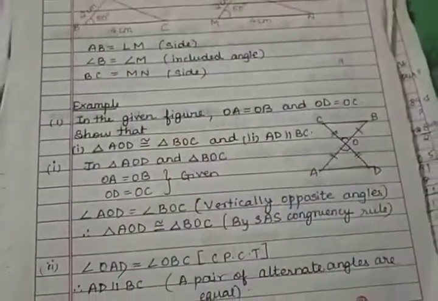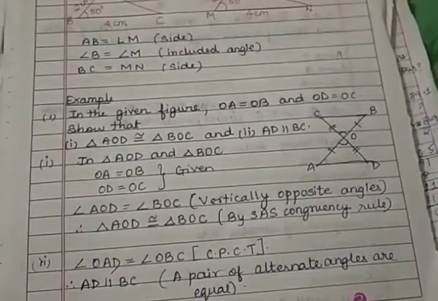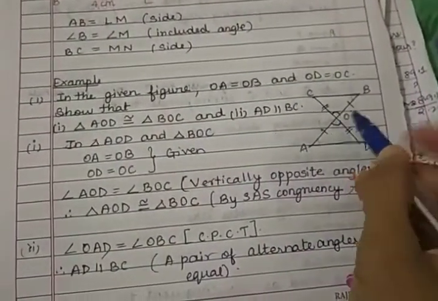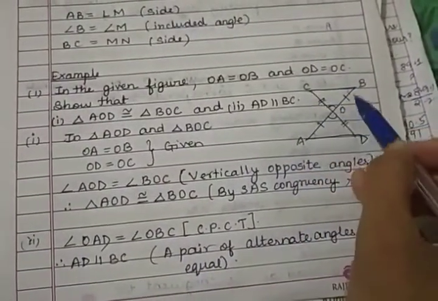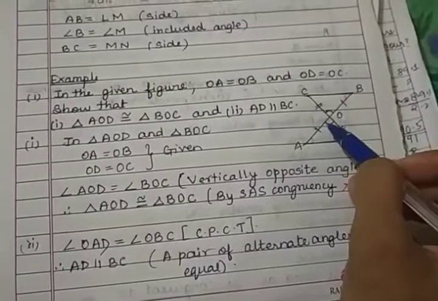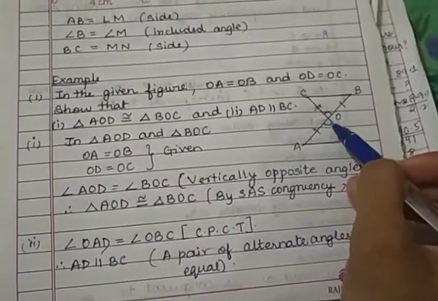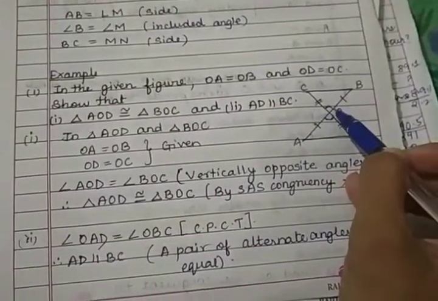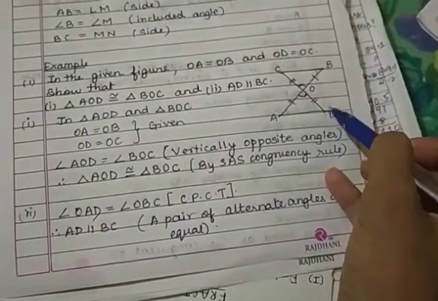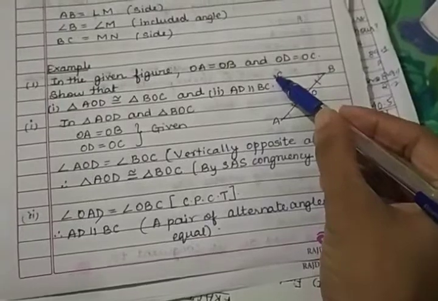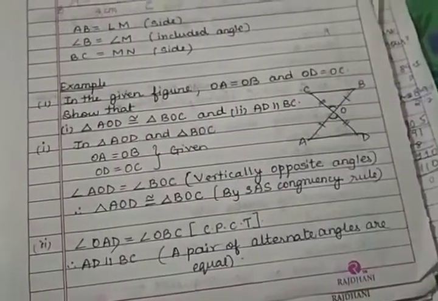Now to use the SAS rule, we got two sides, but we need one angle. If you look at this figure, these two are intersecting lines, so these are vertically opposite angles, so they have to be equal, right? So angle AOD is equal to angle BOC because they are vertically opposite angles.